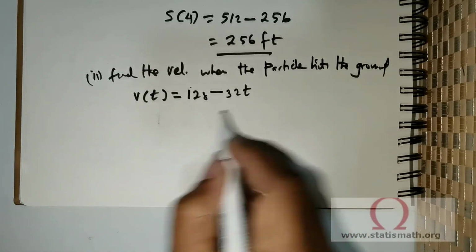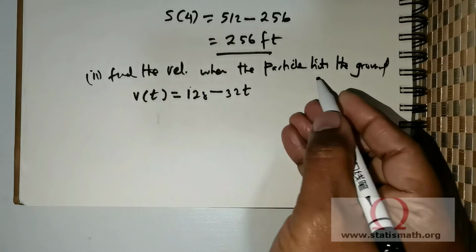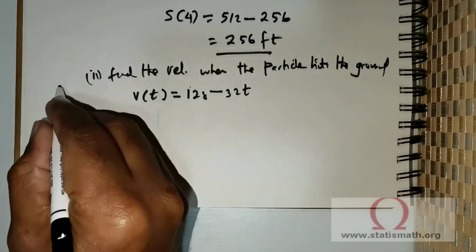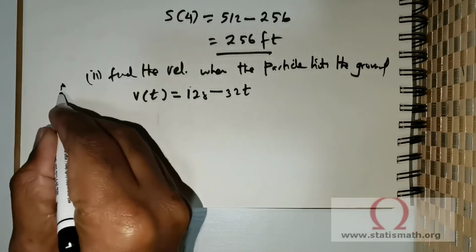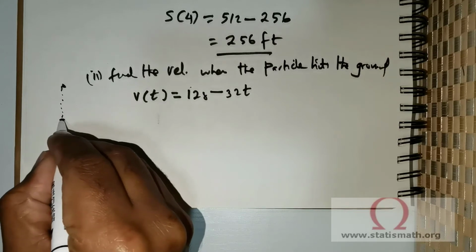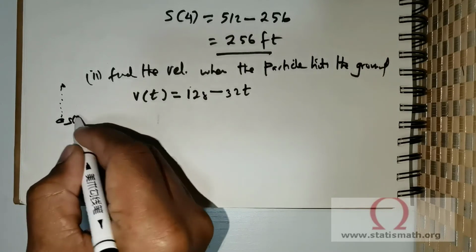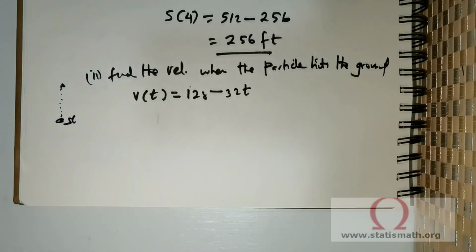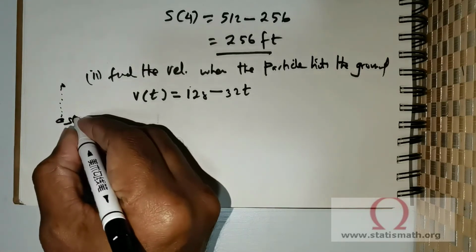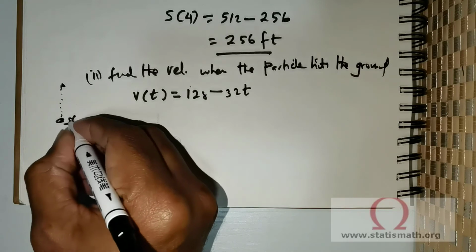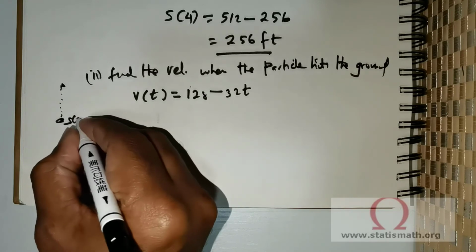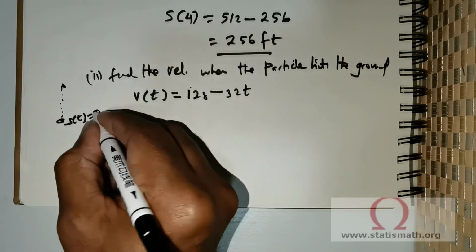So this is for the velocity. Now when the particle hits the ground, say the particle is coming, after reaching its maximum height, the particle comes and drops down. So clearly s of t, or in other words the distance, is going to be equal to 0, right? The height is going to be equal to 0. So we have to use that concept.